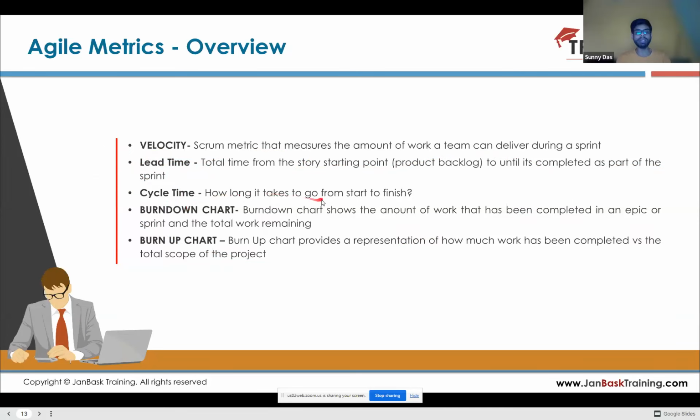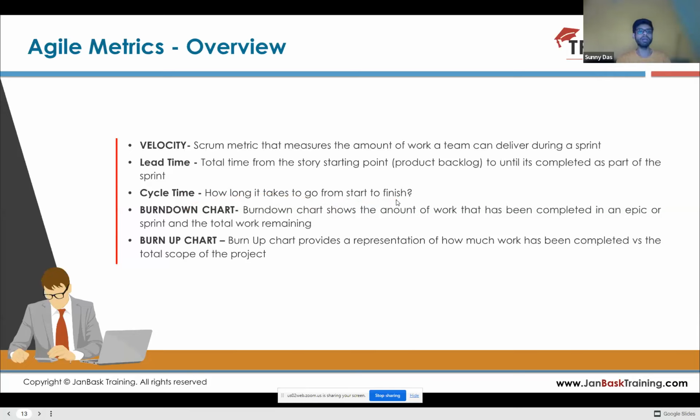Cycle time is how long it takes to go from start to finish, right? So cycle time is from the day the sprint starts to the day you finish that particular story. Now it might also happen that you have started working on a particular story in this sprint, and at the end of the sprint you are not able to complete it for, say, any reason.